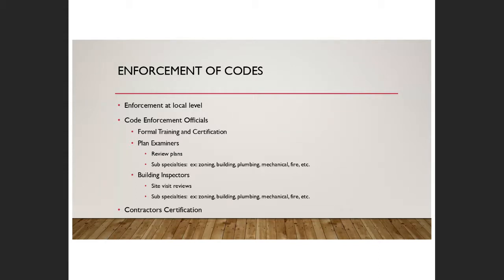But at some point, you would have a stamped set of plans that said you can build according to this set of plans, and from those approved plans would come a building permit, or a permission to work.